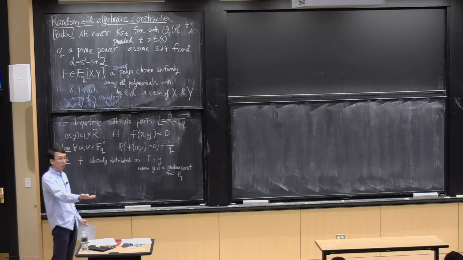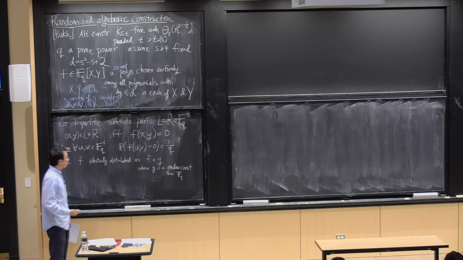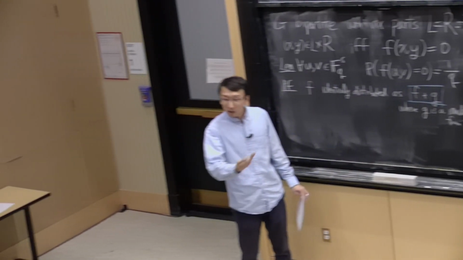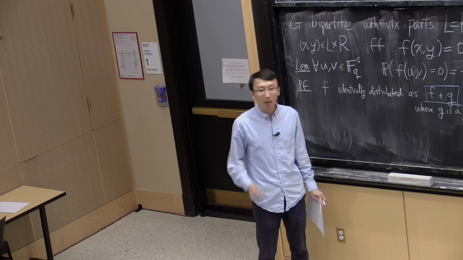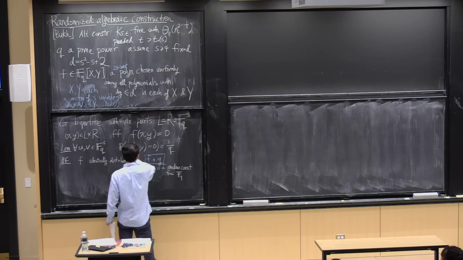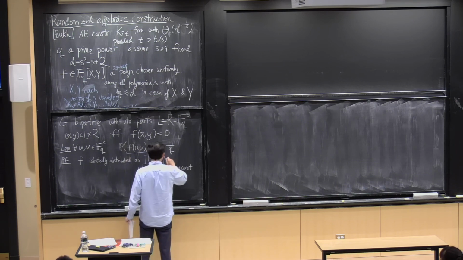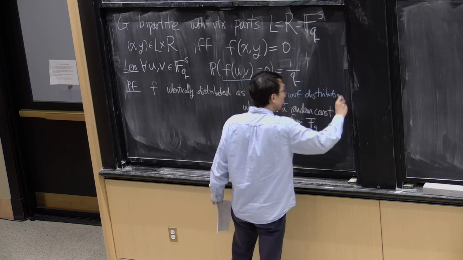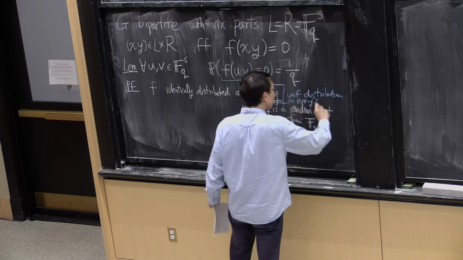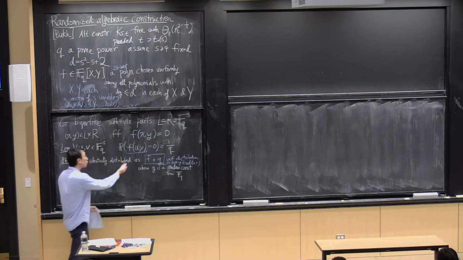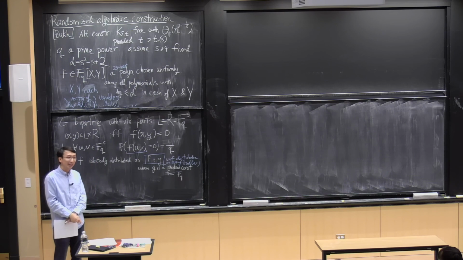So I take a random polynomial, I shift it by a random constant, and it's still a uniformly random polynomial according to that distribution. Whatever f evaluated to, if I shift by a random constant, you end up with a uniform distribution. So it tells you that that value is uniformly distributed on every fixed point (u, v). In particular, it hits 0 with probability exactly 1 over q.